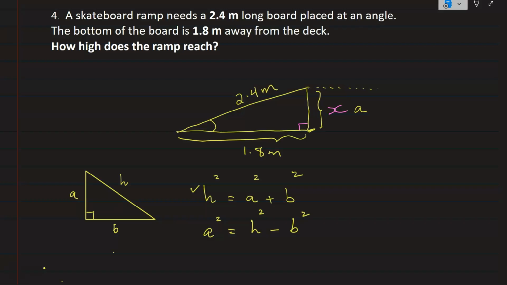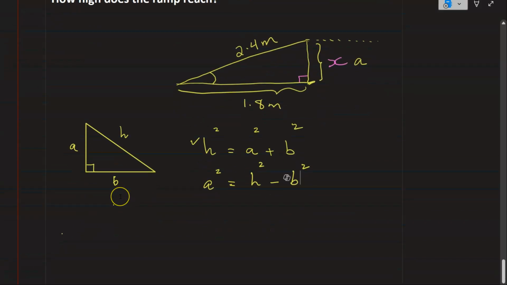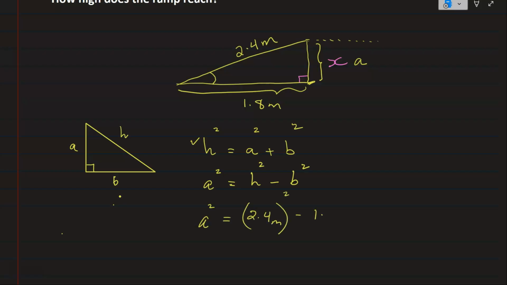So we have to do the math in this one. Plug numbers in. What do we have? We have A squared is equal to 2.4 meters squared, subtract away 1.8 meters squared, and then whatever you get, you have to take the square root of it.